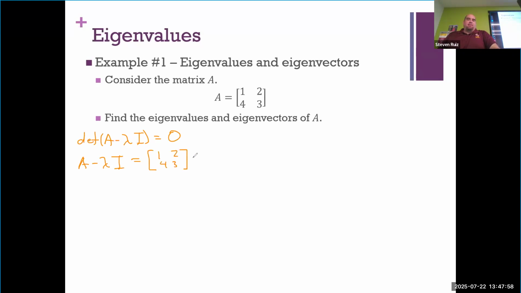What does lambda I look like? Lambda 0, 0 lambda. And if I put those together, I get 1 minus lambda, 2, 4, 3 minus lambda.